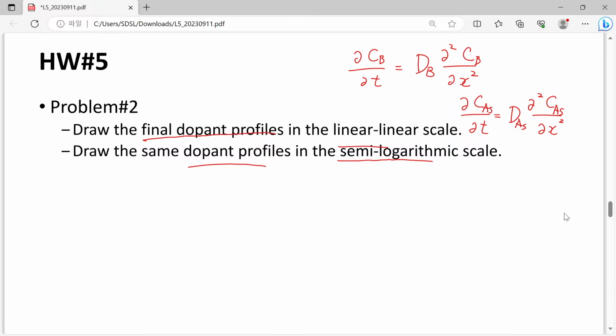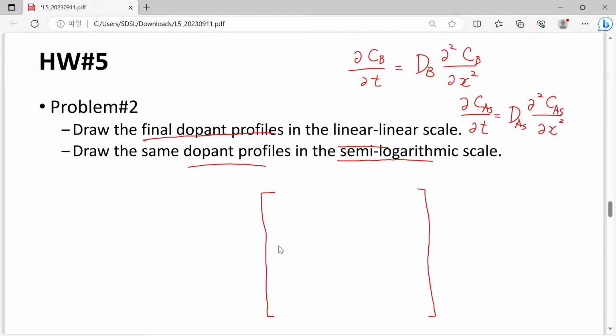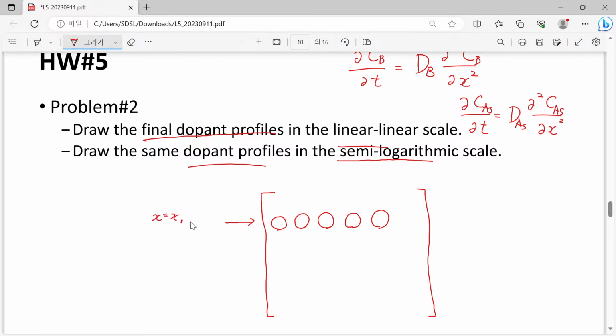And the point is that it is the second derivative in real space. Then how can you consider this one? I guess you have to have something like this. Let's say that here you have 0, 1, 2, 3, 4. This is the node for x equal to x1 and for Cb.